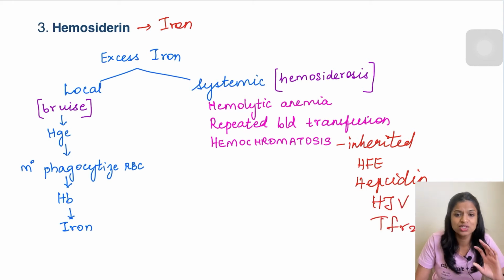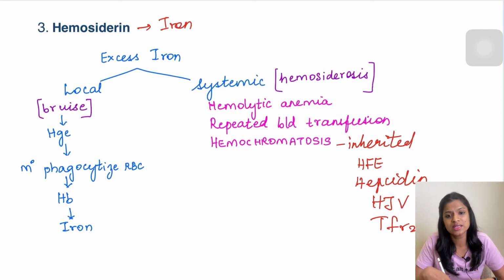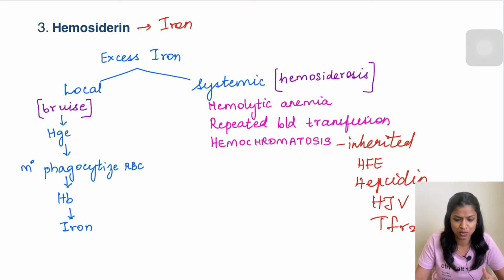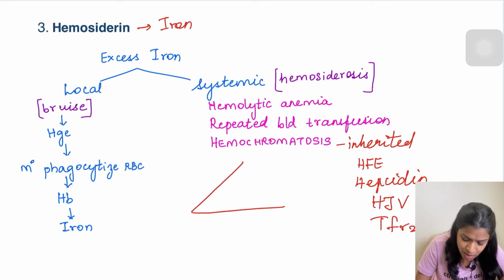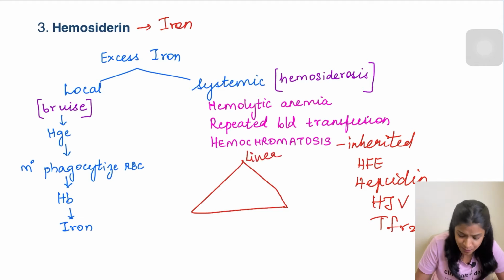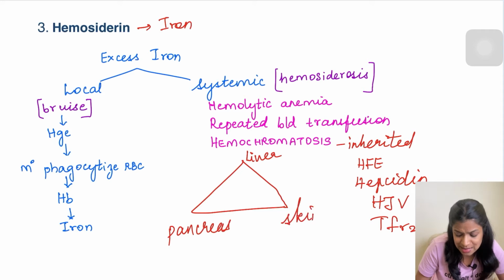Any of these genes could be mutated, which results in a condition called hemochromatosis. Hemochromatosis is a triad in which various organs can be affected, basically the liver, pancreas and skin. This is the classical triad.